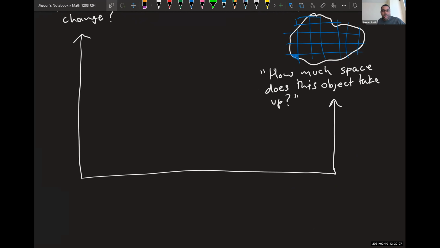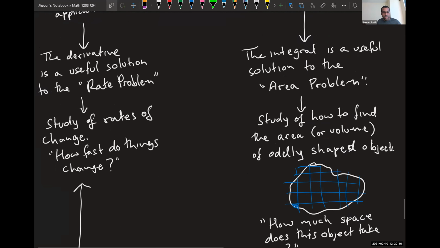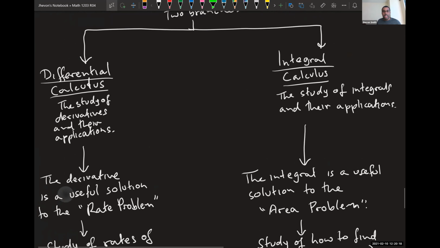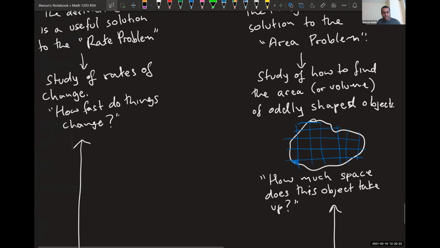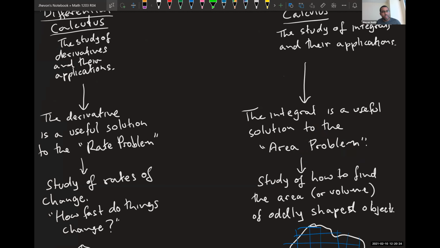Why is it that Newton and Leibniz are known as the inventors, or the father, of calculus? It's because calculus as we study it today really realizes that these two things that seem very different, how fast something is changing and how much space it's taking up, are actually the same.